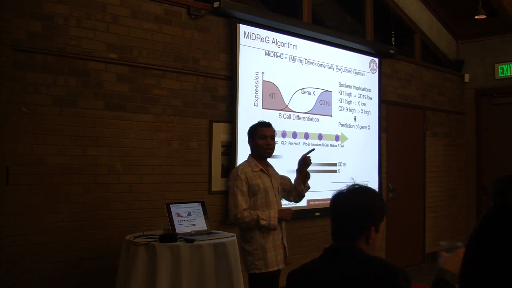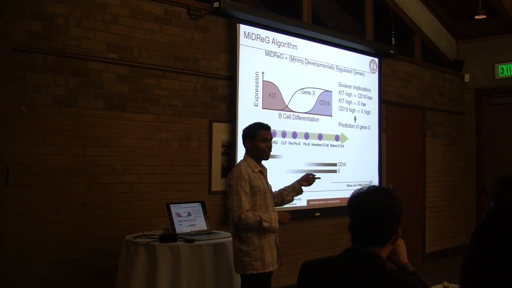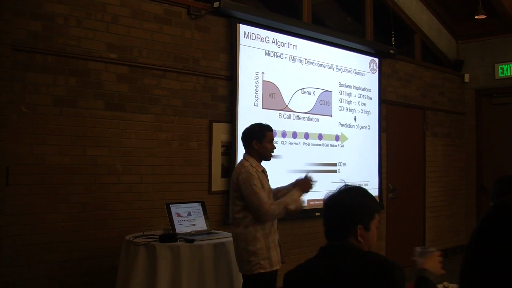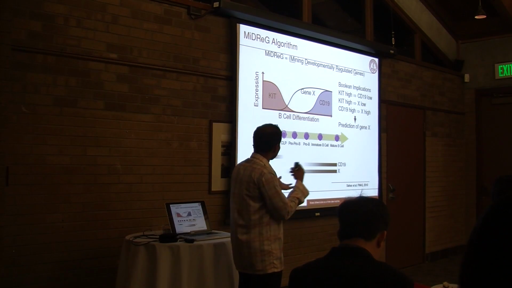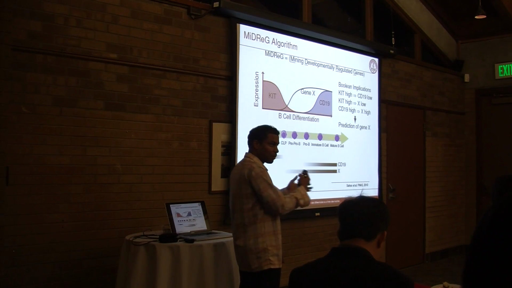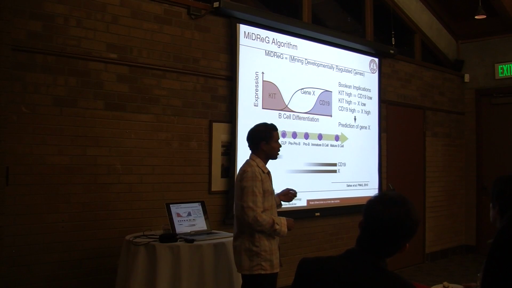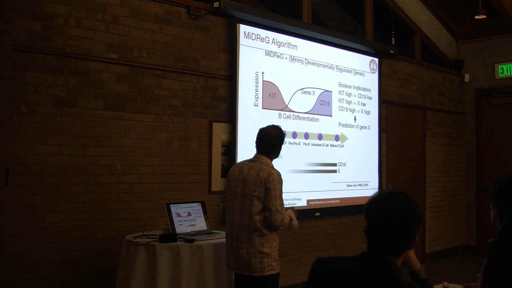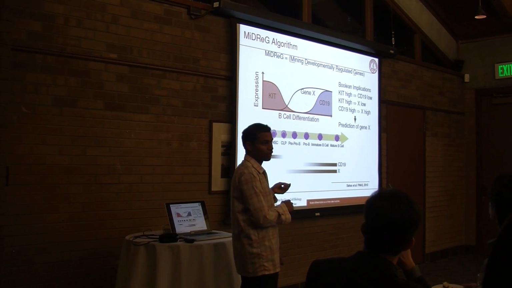Remember, it's asymmetric, right? So it doesn't mean when X is high, CD19 is high, right? So there is an asymmetry in this picture. And we're going to capture the asymmetry of the gene expression to be able to discover such genes, right? So this asymmetry, and you can also have, if KIT is high, X is low, right?